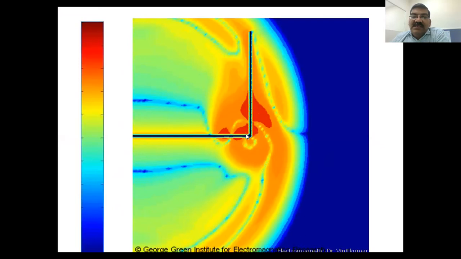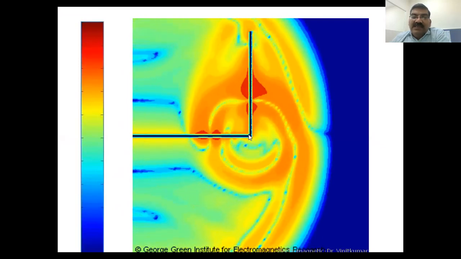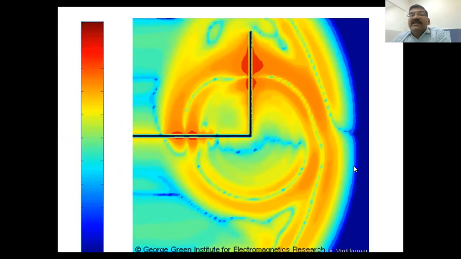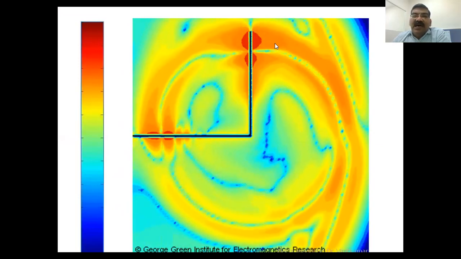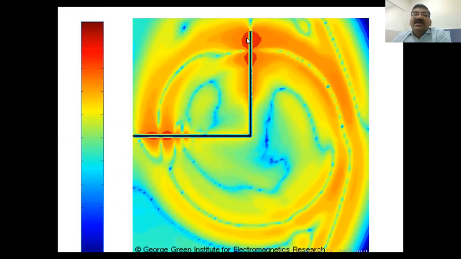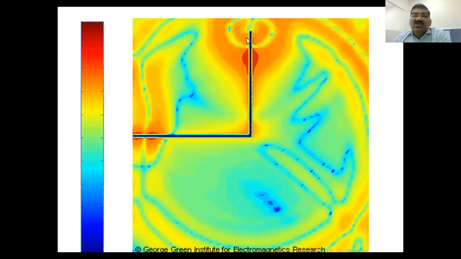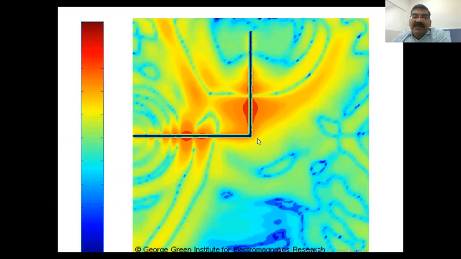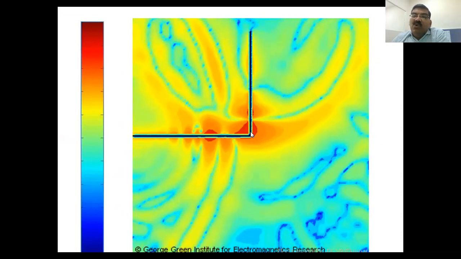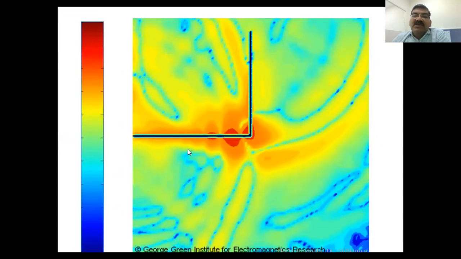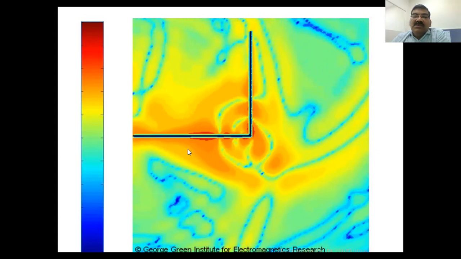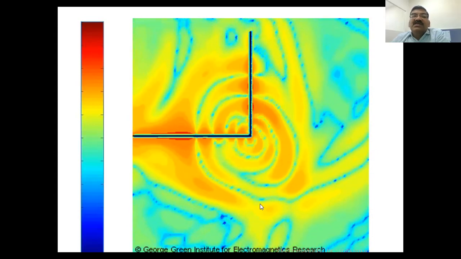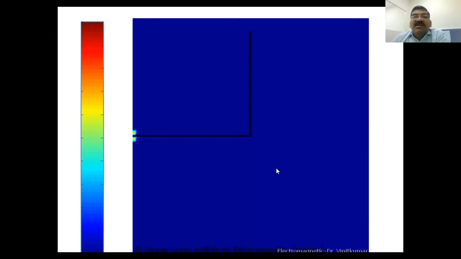You can see that at the bend, it spreads this way, and at the end it also goes out and then comes back. At the bend there is more spread as compared to the line.